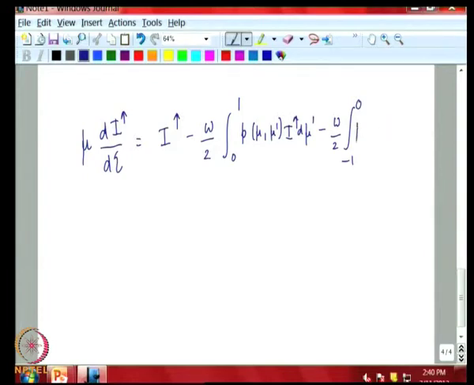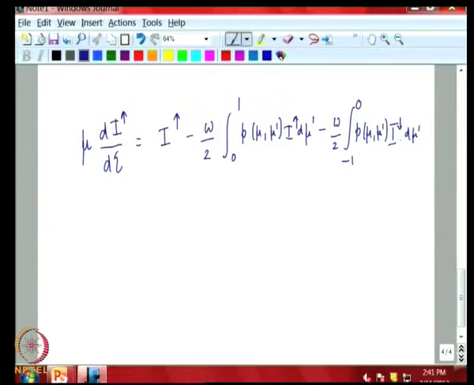We write this phase function of mu and mu prime, I, this is now down, into d mu prime. Okay.